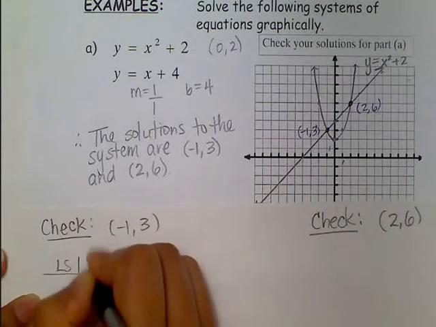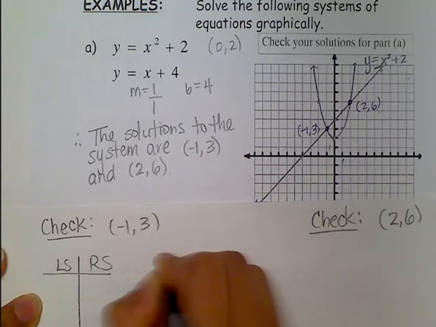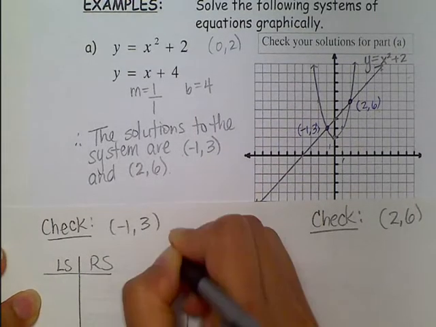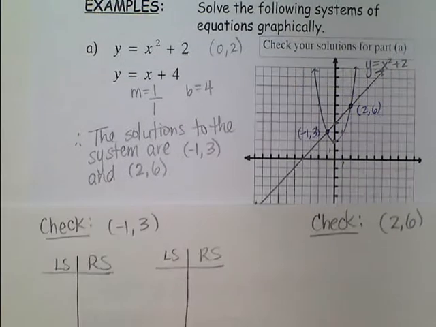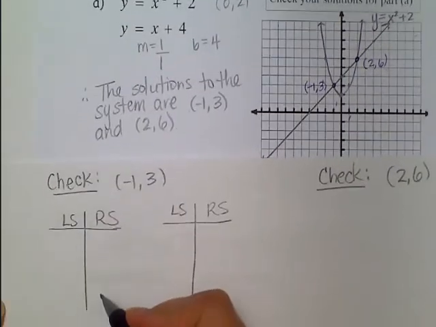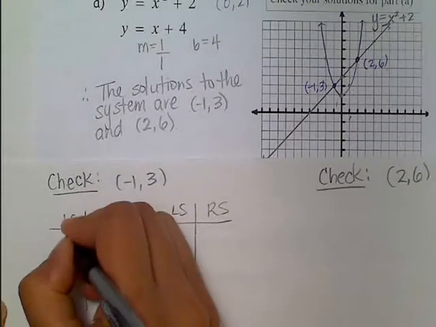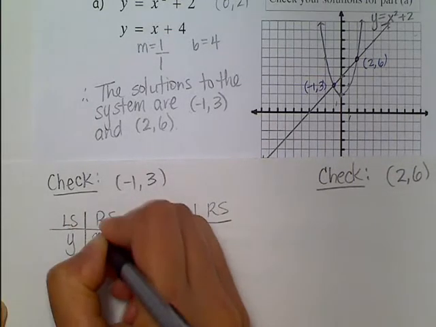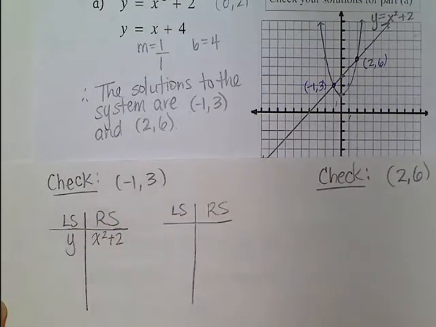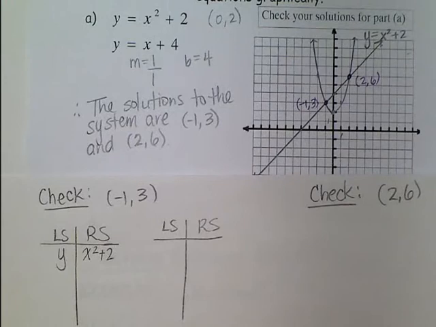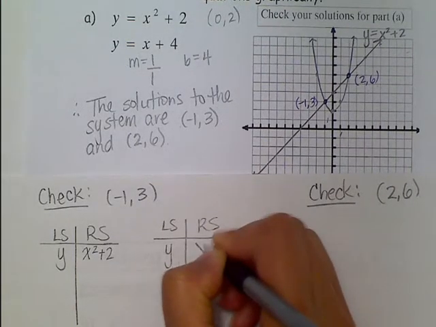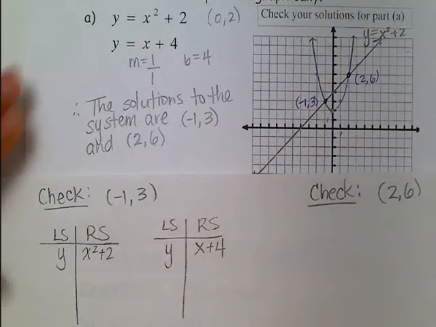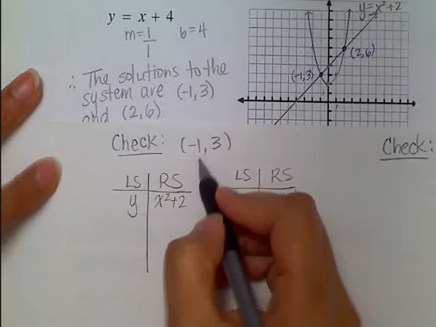Okay, so what I need to do is a left side, right side check in both the equations to make sure that left side equals right side for each of these equations. So the first equation I have is y equals x squared plus 2. So y is on the left side and x squared plus 2 is on the right side. And the second equation I have is y equals x plus 4. So y on the left side, x plus 4 on the right side.